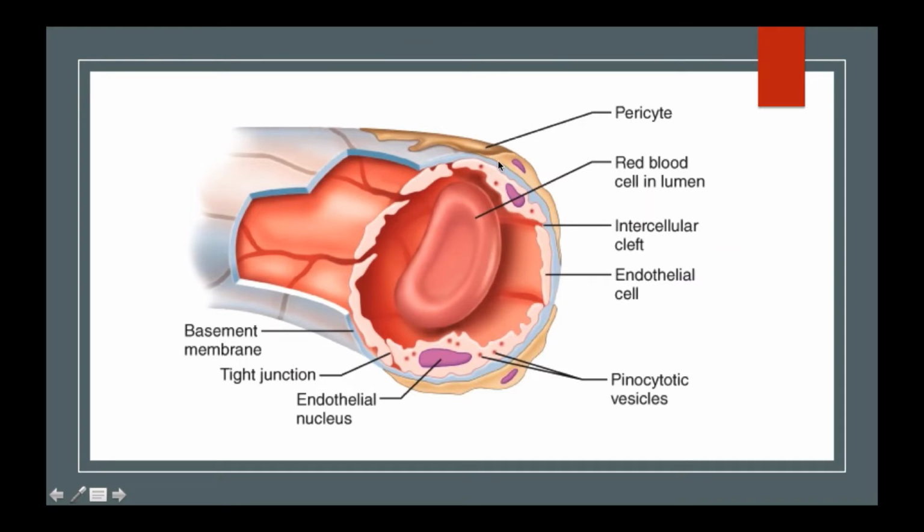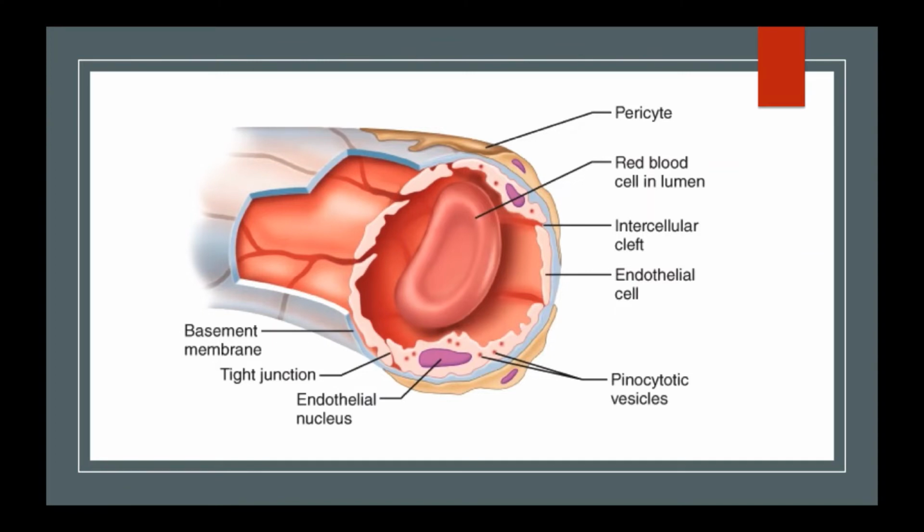Now in diabetes these structures get affected, and the sugar inside the blood can damage the pericytes and affect the basement membrane, which is like a cement holding the whole structure intact, and the stones or the endothelial cells which are joining together to make this pipe.